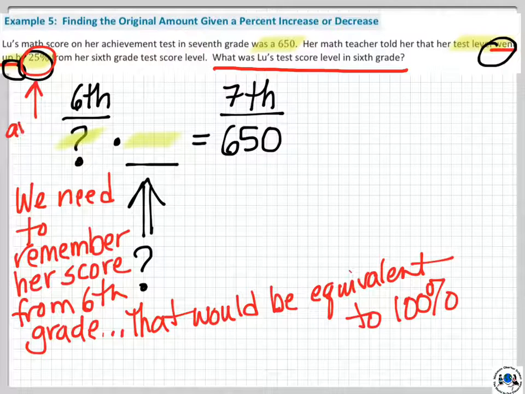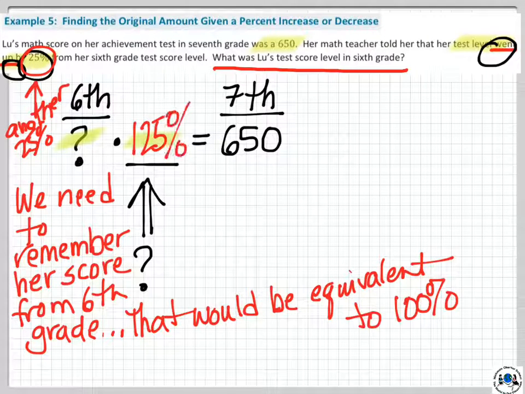And then we need to add another 25%. Therefore, we are actually multiplying by 125%. So if you're going to find an original amount, if you're going to go back to the original and you had an increase, you've got to remember it's going to be whatever that increase was, which was 25%, you've got to add another 100% to it. So we are going to have to multiply our answer.